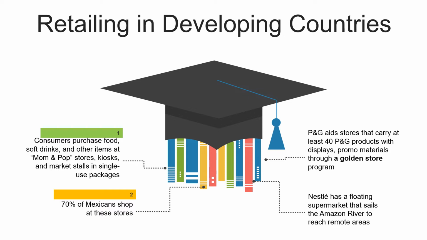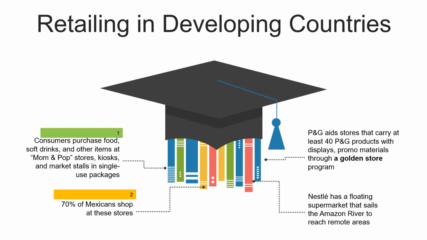By contrast, in Mexico and other emerging markets, many consumers shop for food, soft drinks, and other items several times each day at tiny, independent mom-and-pop stores, street kiosks, and market stalls.